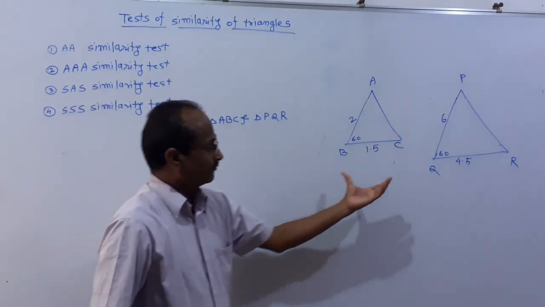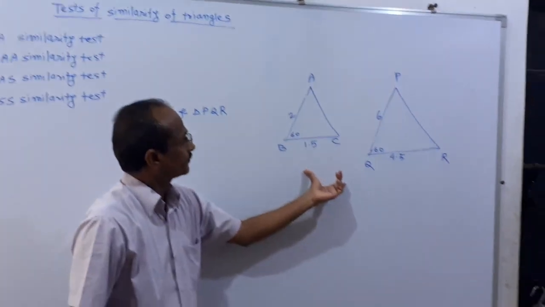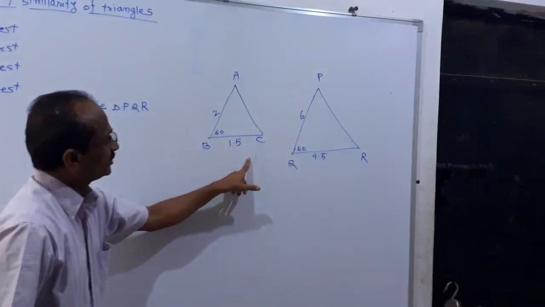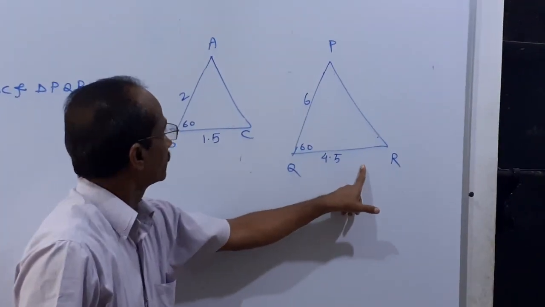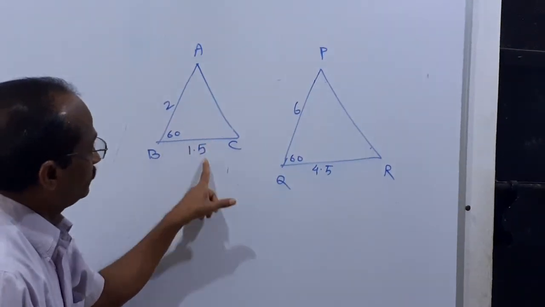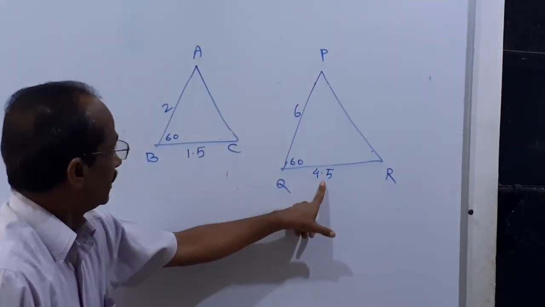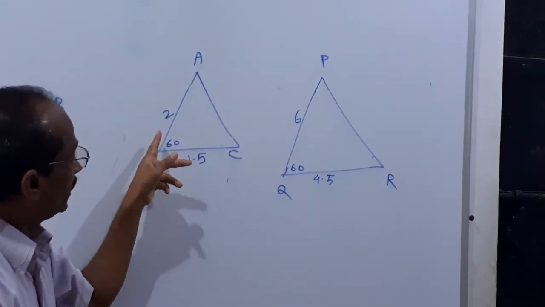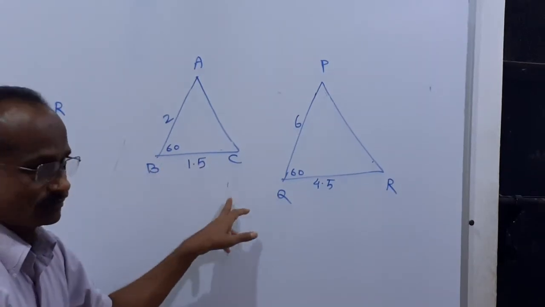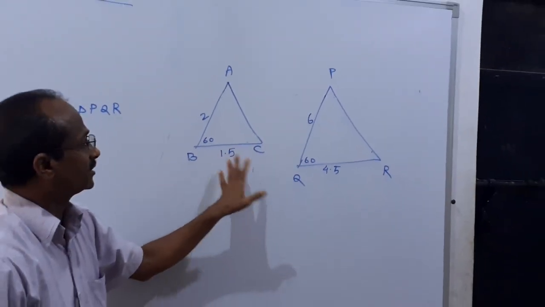Now see in the figure, which information is given now? For triangle ABC and triangle PQR, the length of two sides is given and the measure of the included angle is given.